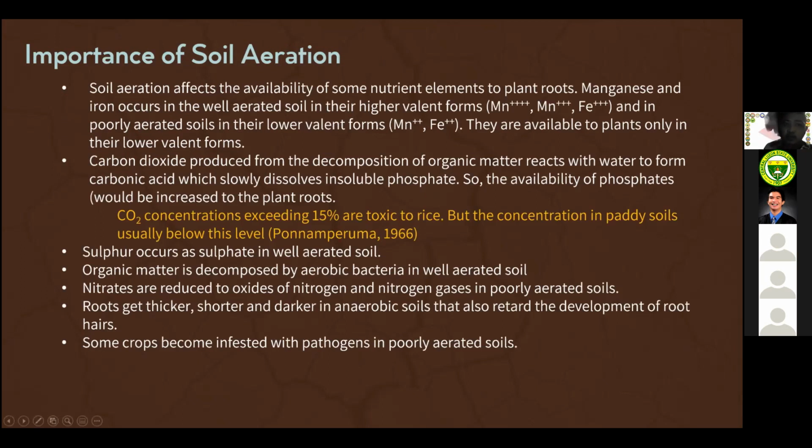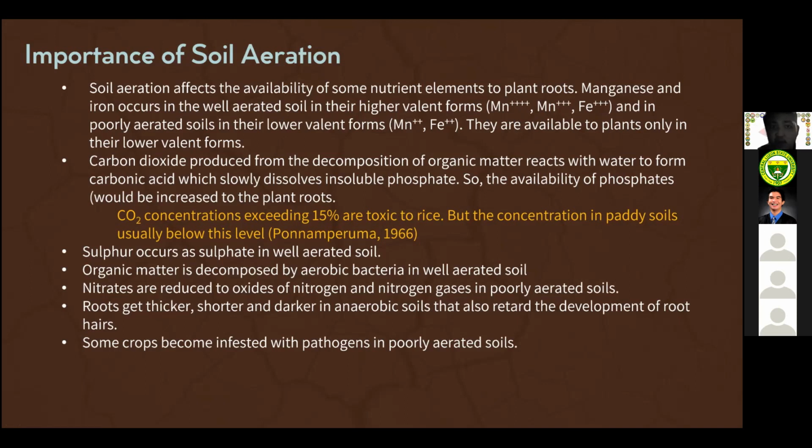So what are the importance of soil aeration? So soil aeration affects the availability of some nutrient elements to plant roots. So manganese and iron occurs in a well-aerated soil in their higher valent forms. So yung manganese natin, kapag aerated yung soil natin, they are present in manganese positive 4, manganese positive 3, and yung iron natin is present in iron positive 3.